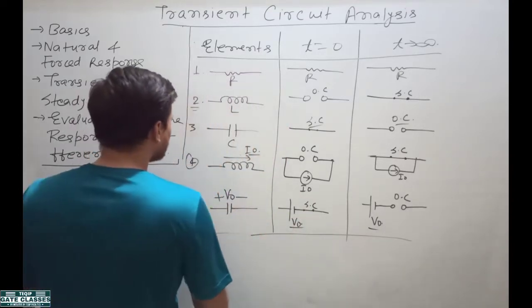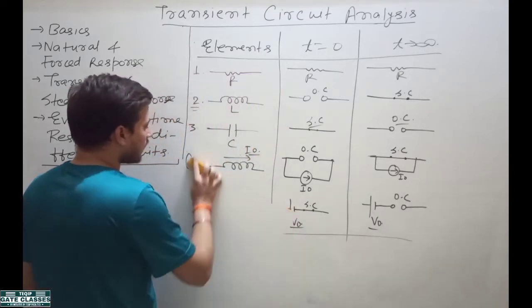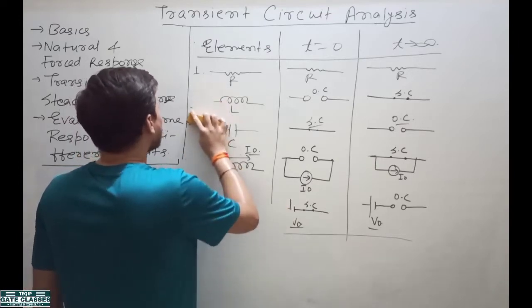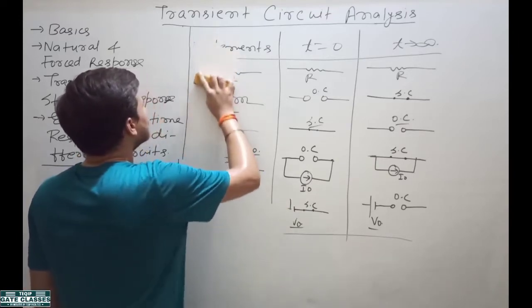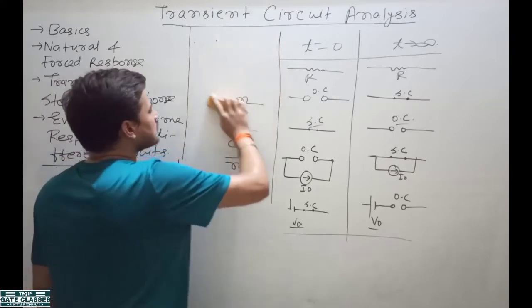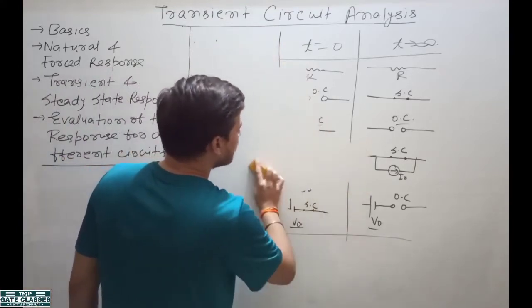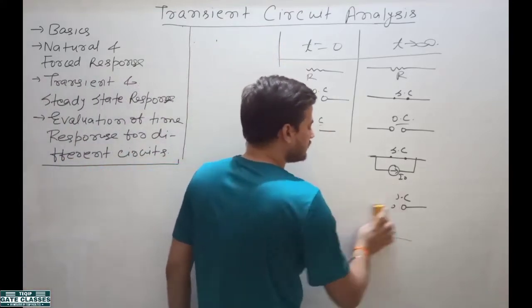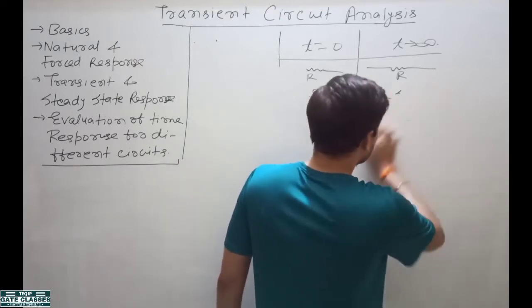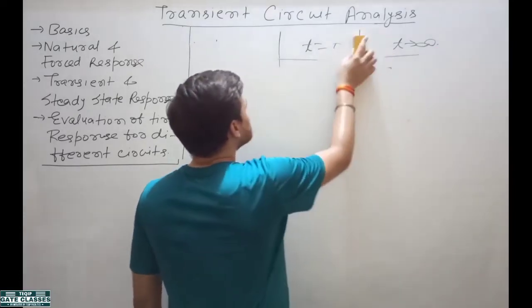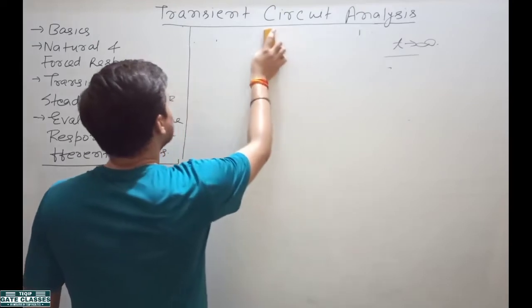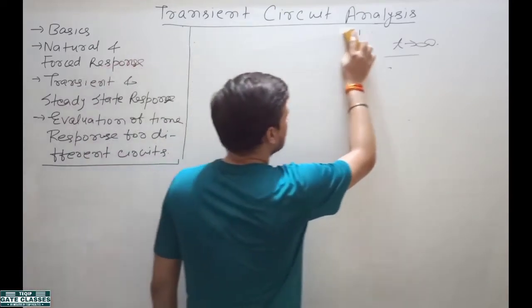Now you can write one statement. Please note that an inductor acts as an open circuit when time t is equal to 0, and an inductor acts as a short circuit when time t tends to infinity.